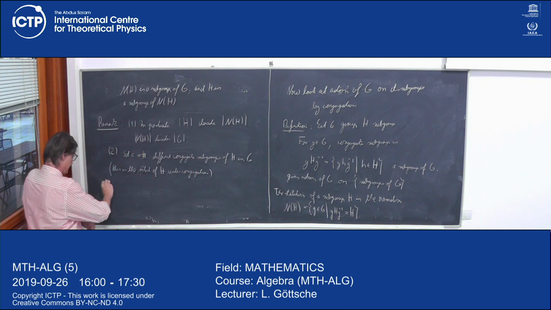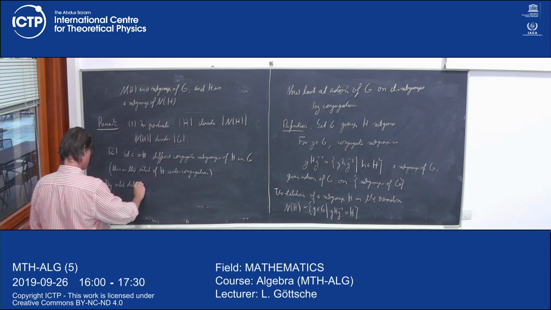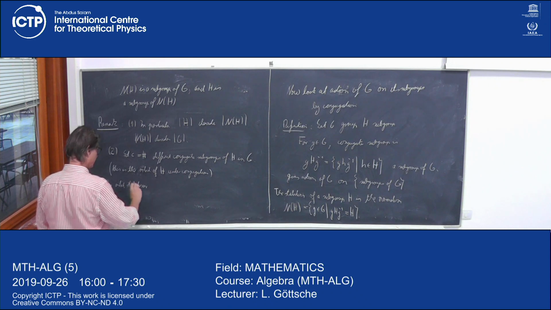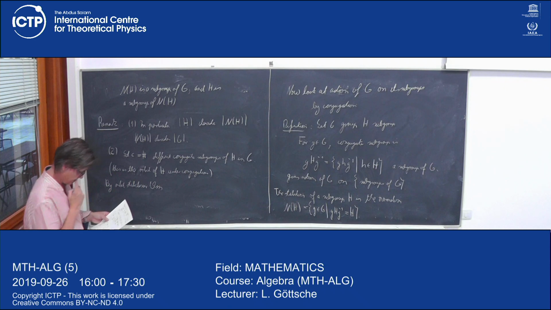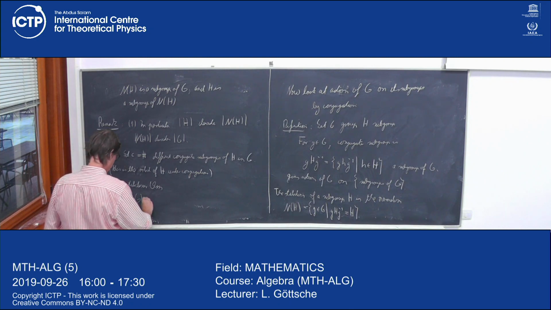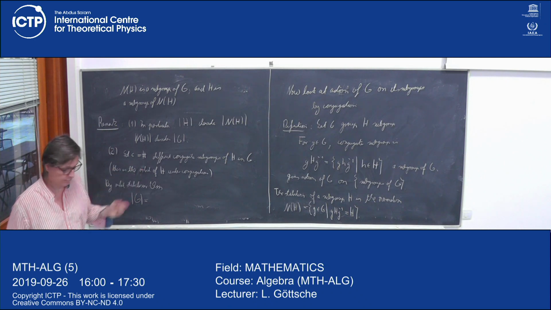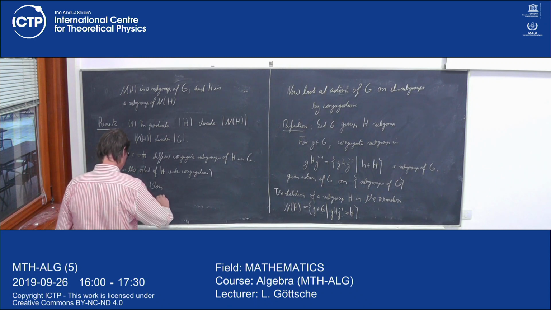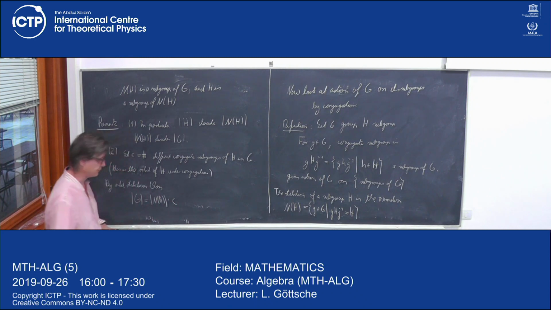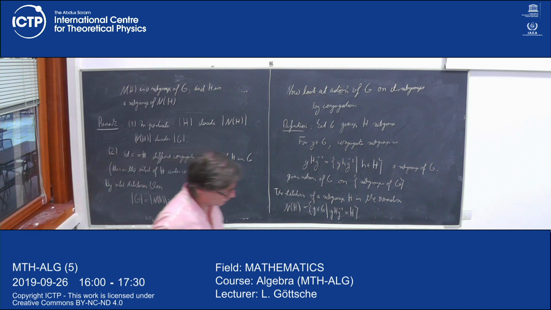So therefore, by the orbit stabilizer theorem, the order of G is equal to the number of elements in the stabilizer of H, which is the order of N of H, times this number of conjugate subgroups. Okay, this directly follows. These are the simple facts that we are going to use.